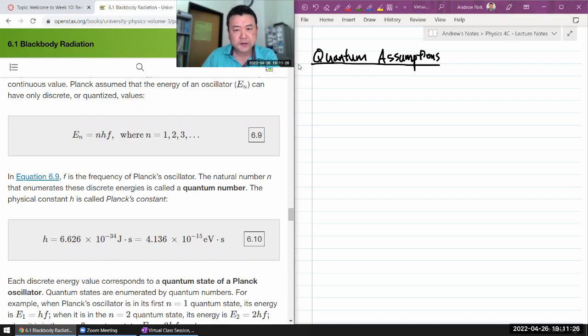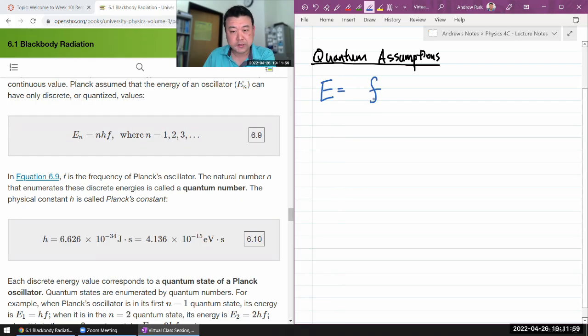Let me write it in a slightly different way, which goes better with the format Einstein used in his explanation of the photoelectric effect: the quantized energy of an oscillatory phenomenon is proportional to its frequency, and the constant of proportionality, the letter h, is what we call Planck's constant.